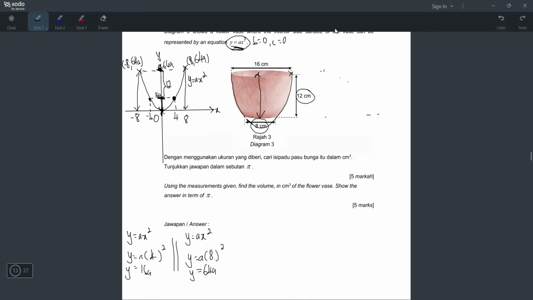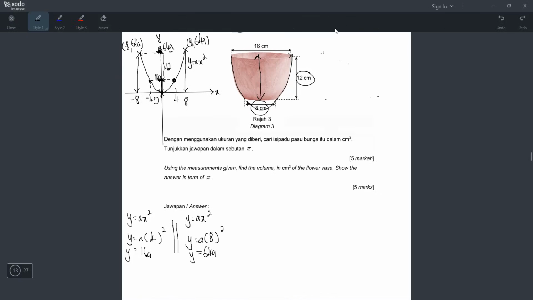And the difference between here and here is 12. So what can we write here? 64a minus 16a equals 12. Understand or not? It means when you take the 64a, which is the whole height, minus the 16a, I'll get 12, right?